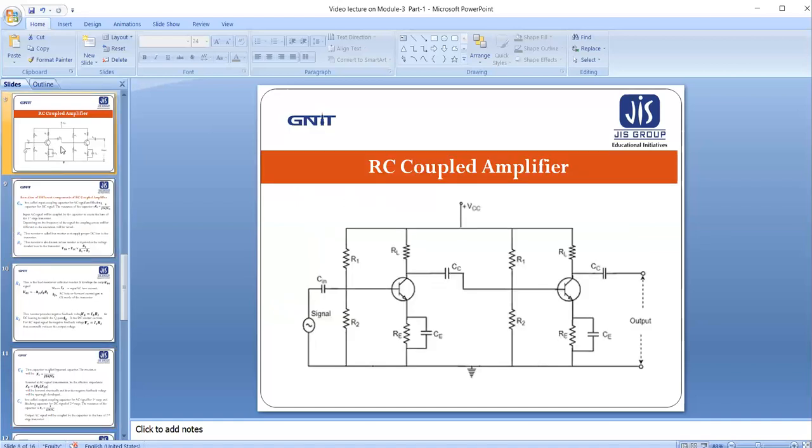Now, if we look into the circuit, this capacitive reactance will be in parallel with the resistance RE. So the effective impedance will be lowered.